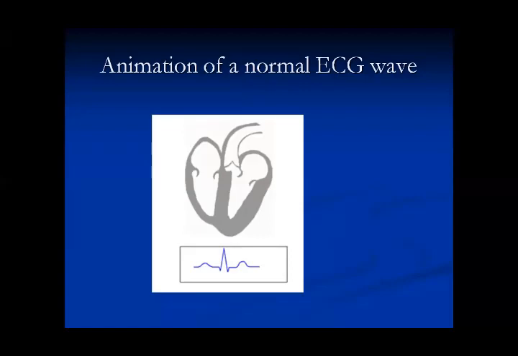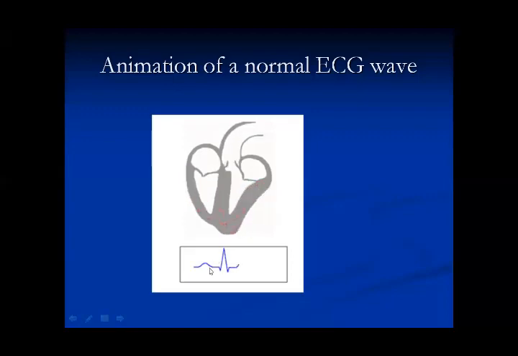So the ECG formation and the electrical events occurring as the cardiac impulse passes by: if you have a close look from the start, the SA node, the cardiac impulse rises, depolarizes the atria, comes to the AV node, depolarizes the septum, then the ventricles, and accordingly, these waves are being formed.